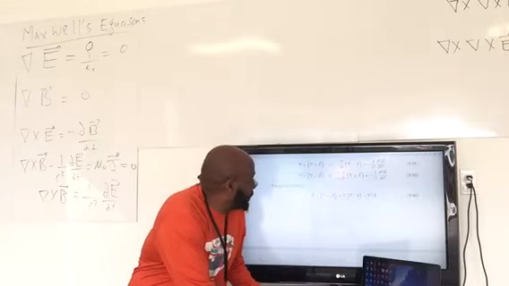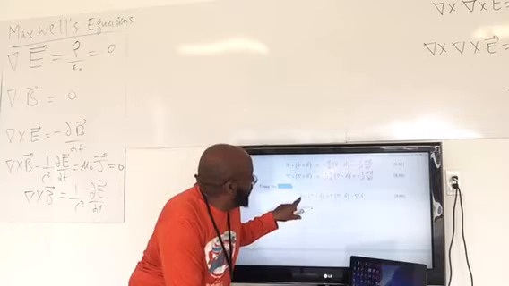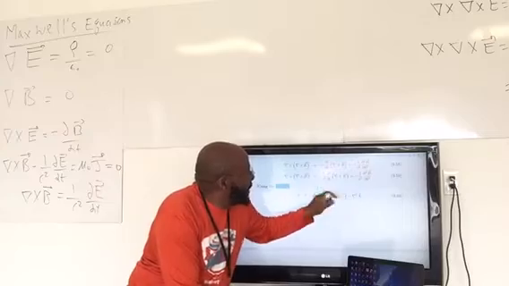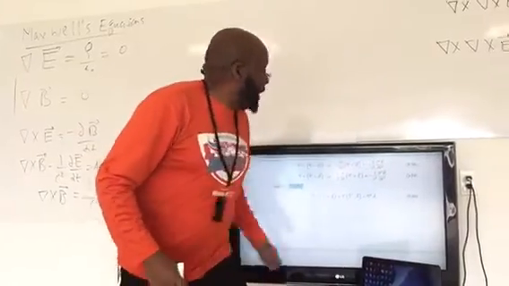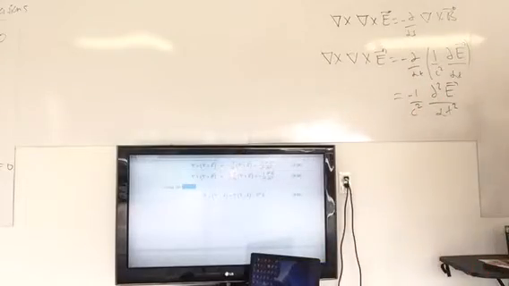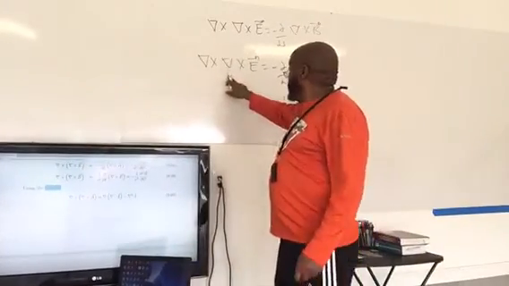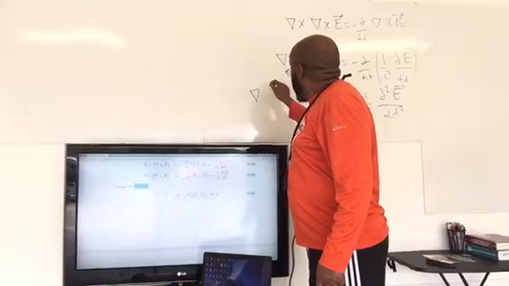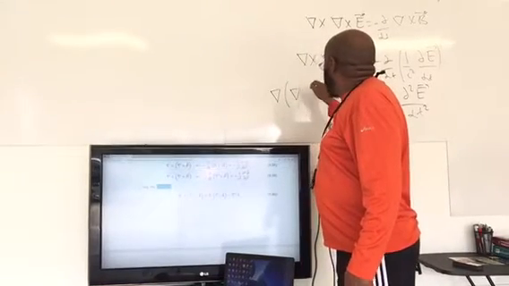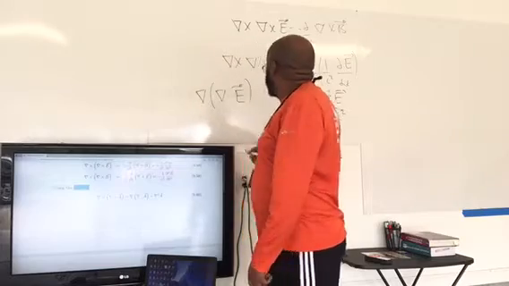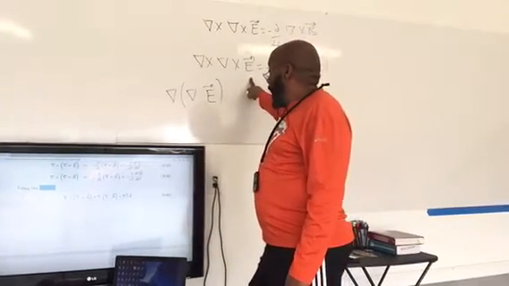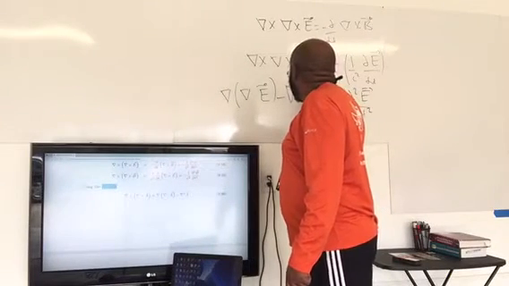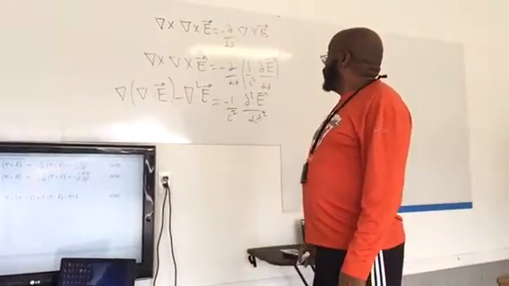I hope you can see this relation: curl of curl of A equals the gradient of the divergence of A minus the Laplacian of A. If I apply that in here, I can rewrite this as the gradient of the divergence of the electric field, our vector, and minus the Laplacian of the electric field. So that's what we get.